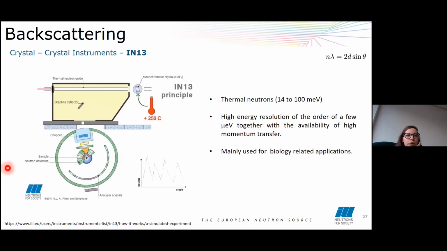And how does it work? Well, I actually had a video here, but it's not working either. So basically, the incident beam is monochromatized by a crystal at almost 90 degrees.